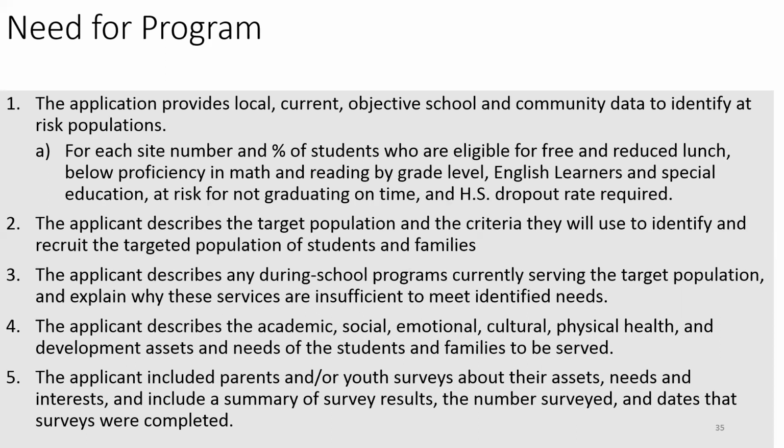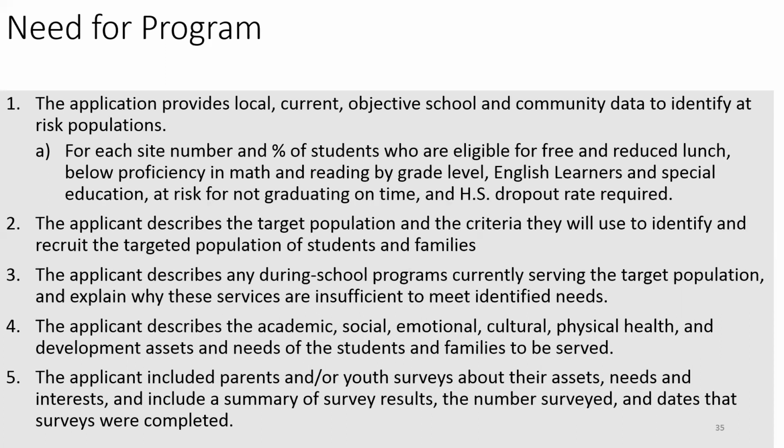Even if you haven't checked that box, it's nice to know what your at-risk population is, no matter how small. Also, students at risk of not graduating on time, which you can get from your school district, and the high school dropout rate, which you can get online at a school district's report card. A lot of this information is available on the OSPI website per building.